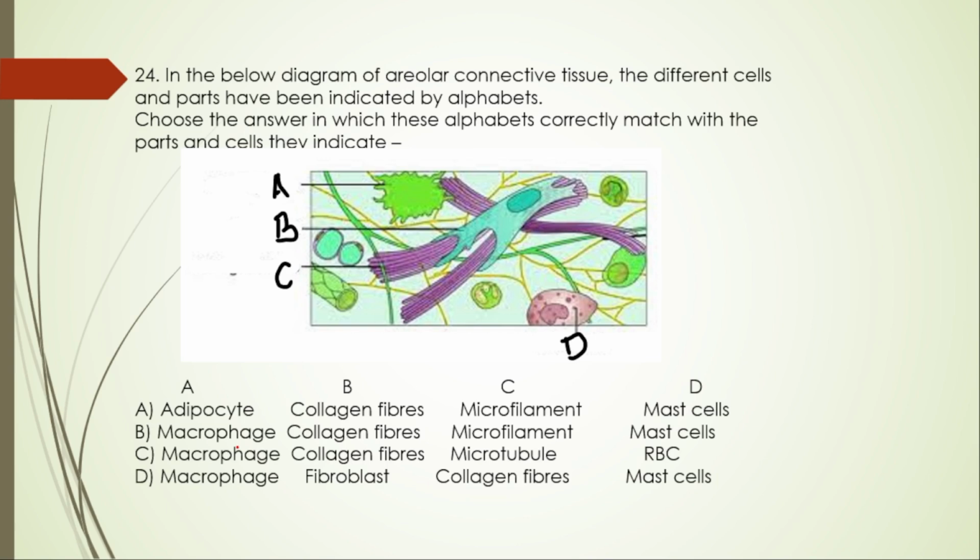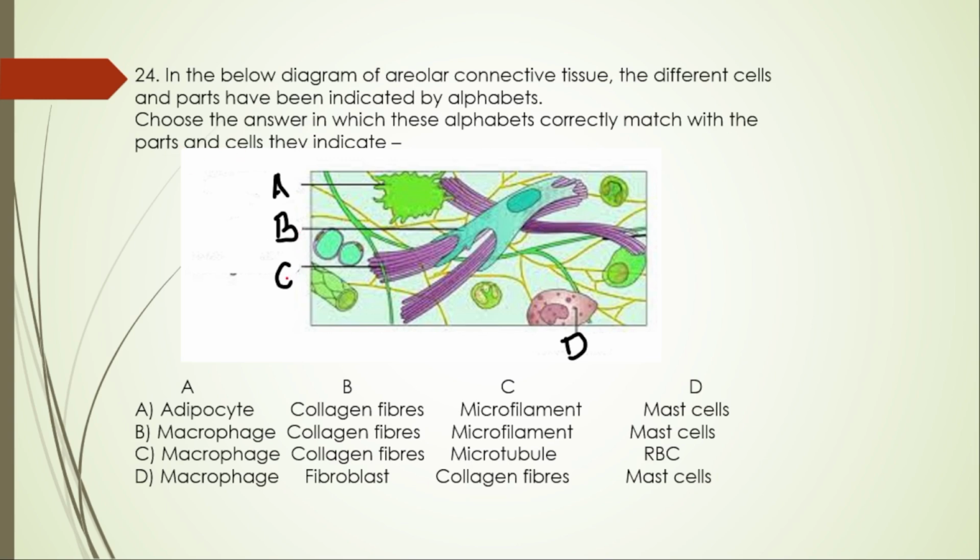The below diagram of areolar connective tissue, the different cells and parts have been indicated by alphabets. Choose the answer in which these alphabets correctly match with the parts and cells they indicate.